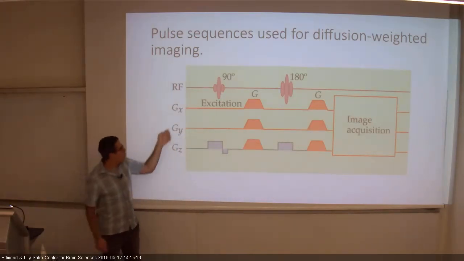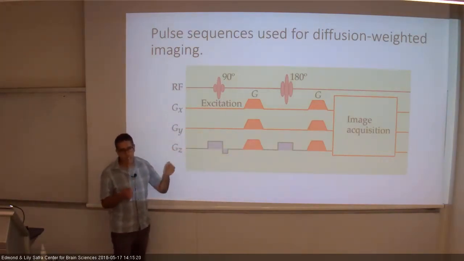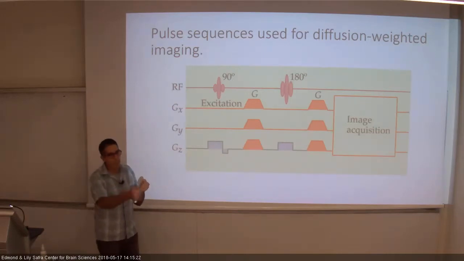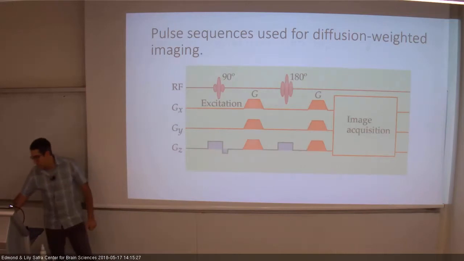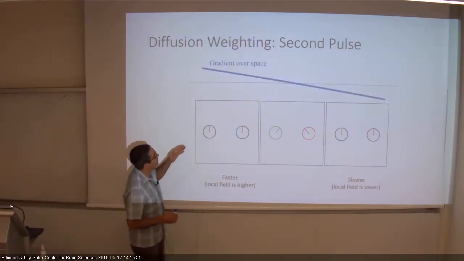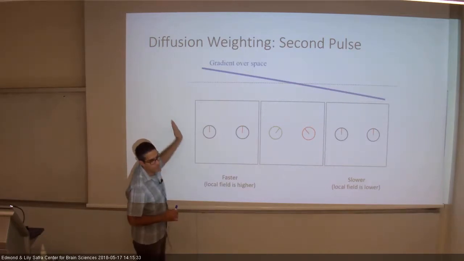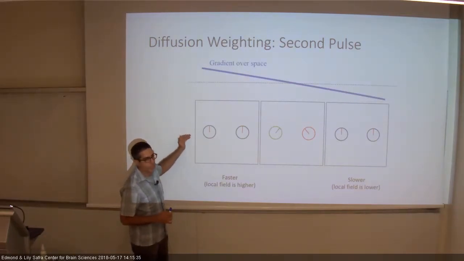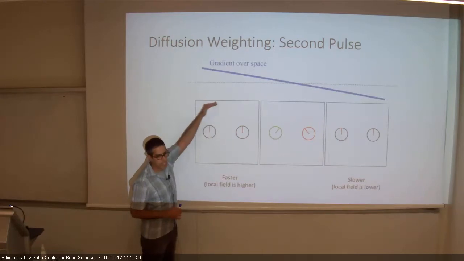And you can do it in X, Y, and Z, or a combination of X, Y, and Z. That will allow us to sample the diffusion. What I just showed you was in one direction, but I can do the same thing in this dimension, and then I will encode the diffusion in one dimension, and in another, in the X dimension, in the Y dimension.